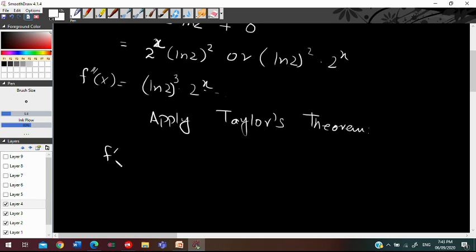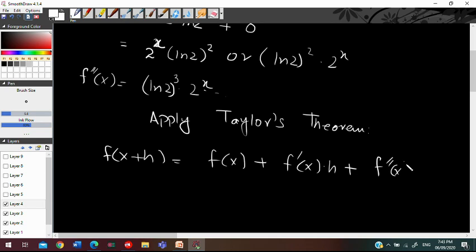f of x plus h is f of x plus f prime of x h plus f double prime of x h square by 2 factorial plus f triple prime of x h cube by 3 factorial plus up to so on.